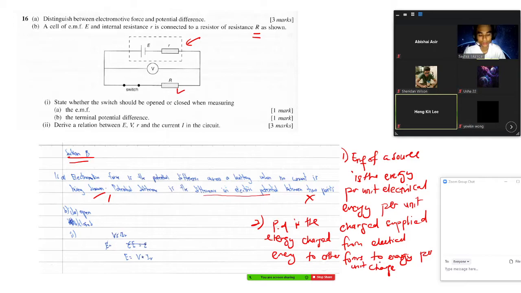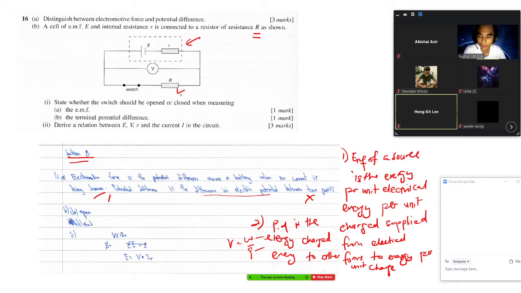It is the work done, because V equals W over Q. So it is the change from electrical energy to another form of energy W per unit charge Q.